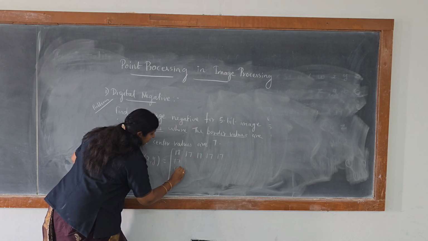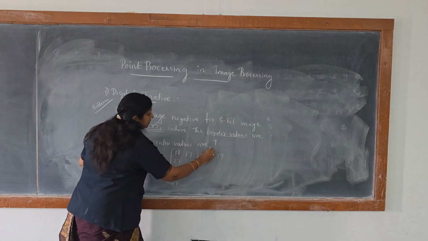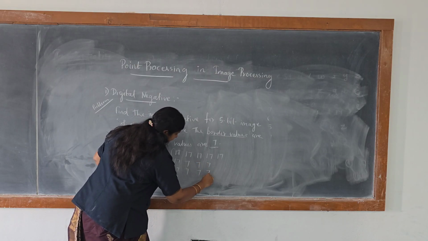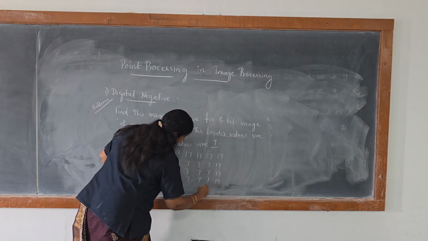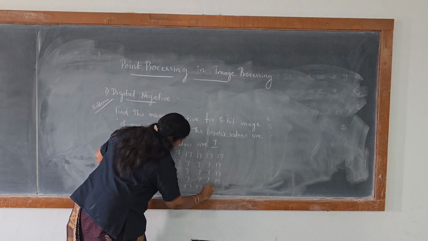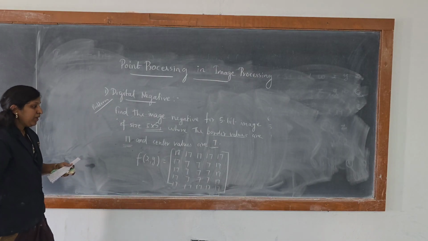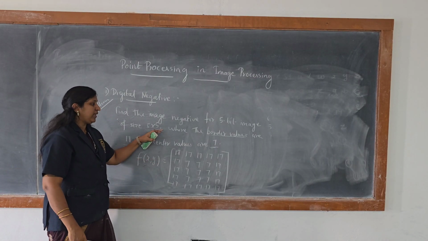So all the border values are 17 and the center values are 7. Okay, now this is an input matrix for the given statement.